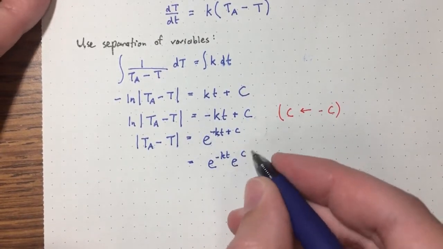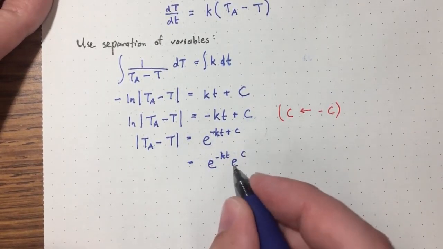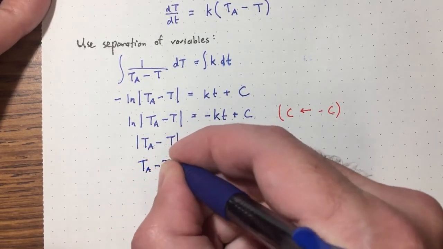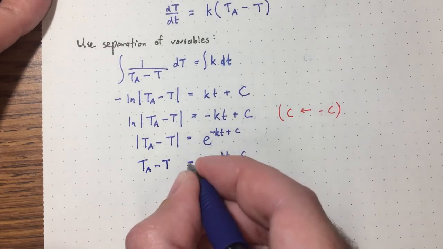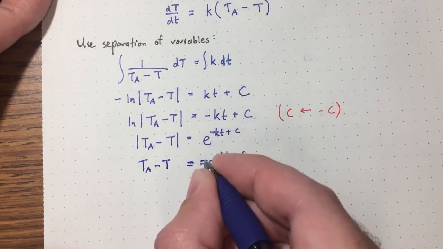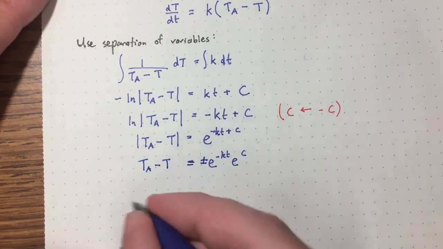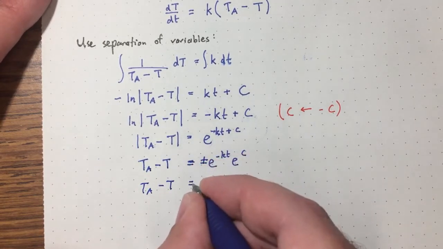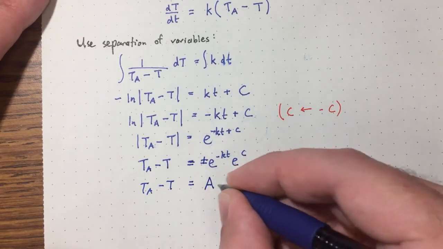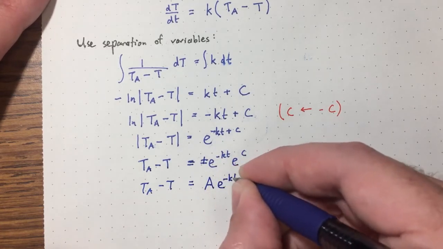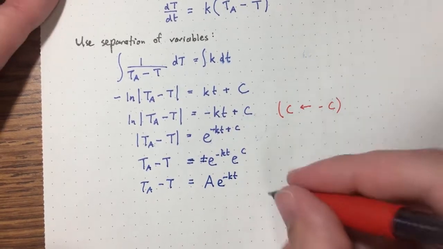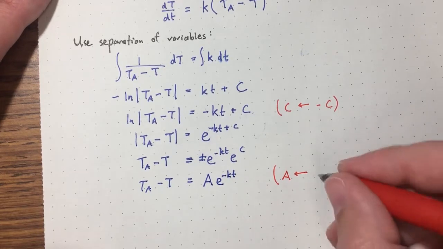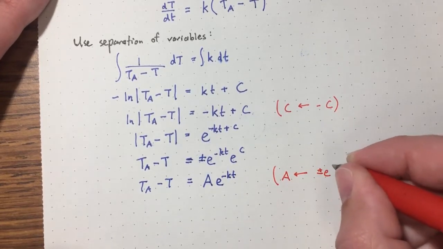Okay, where were we? Right, we can rewrite this side. Let's also get rid of these absolute value bars. And in order to do that, recall from last lecture, we need to add a plus or minus to this side. But we can just call plus or minus e to the c, I'll rename that capital A, just as we did last time. So I'm letting A stand for plus or minus e to the c there.